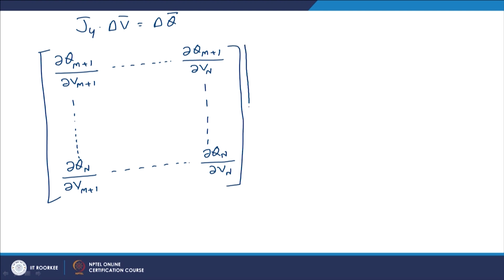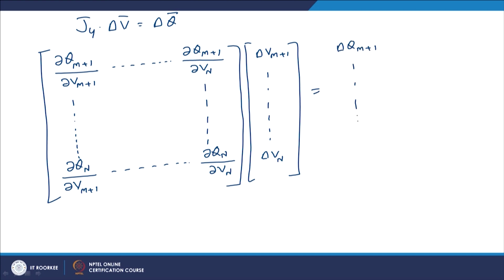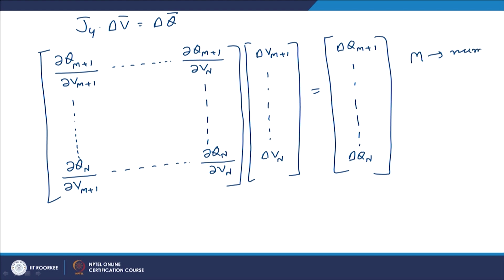This multiplies the vector delta v m plus 1 dot dot dot delta v n, and it is equal to delta q m plus 1 dot dot dot delta q n. What is m? M is nothing but the number of generators in the system.